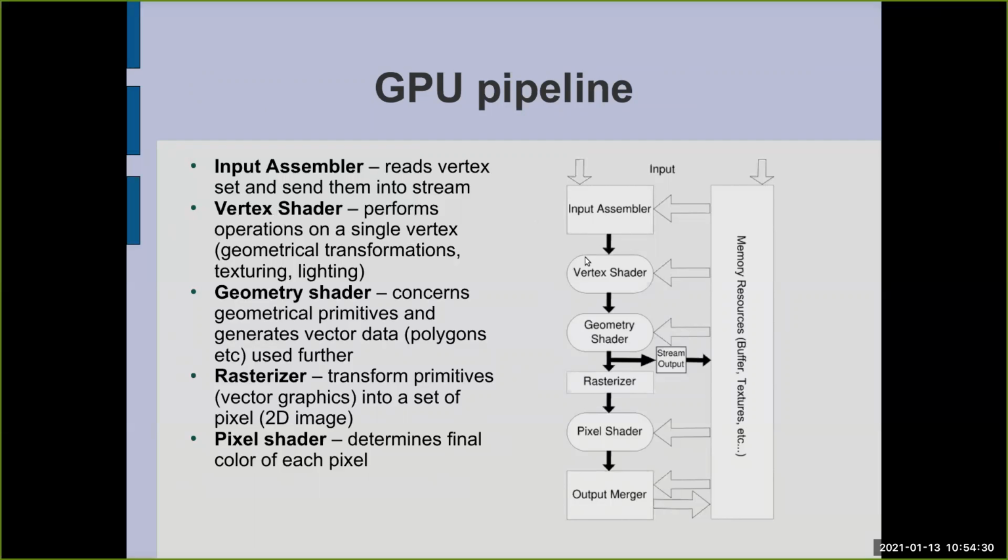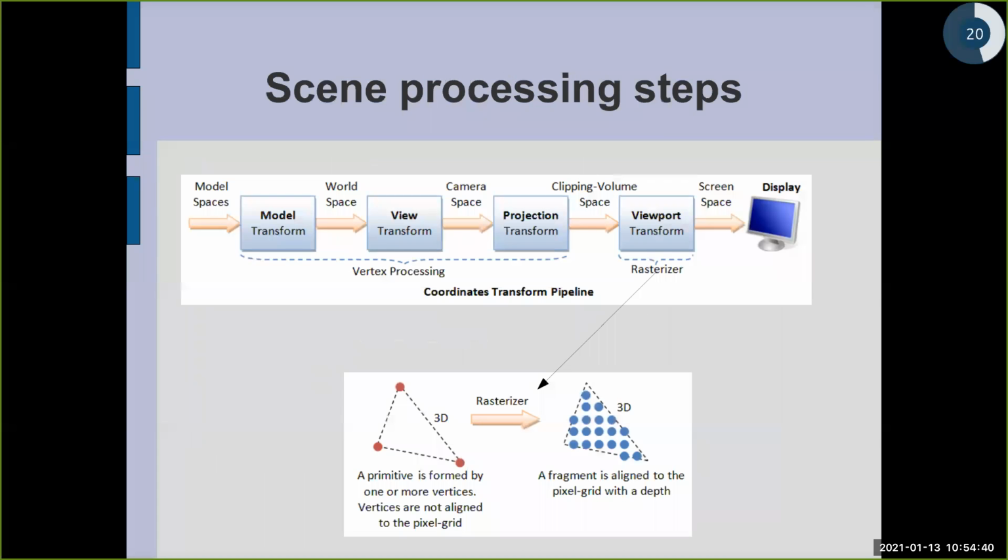Then we have a vertex shader. So the vertex shader performs a geometrical transformation. It's better visible here. So the vertex shader performs operations on vertices.